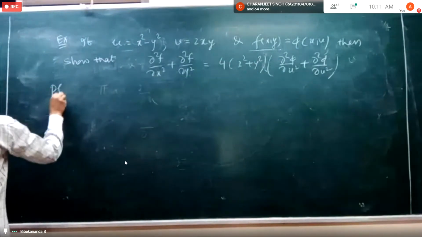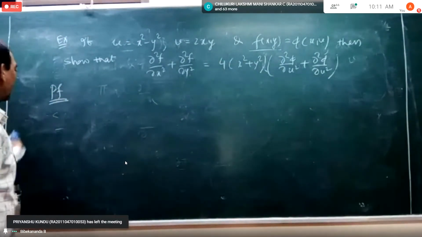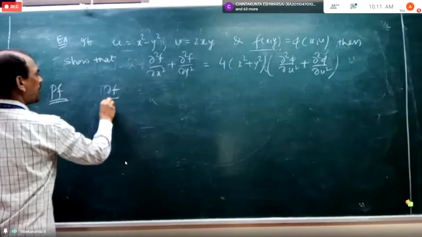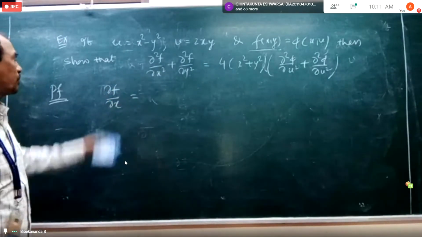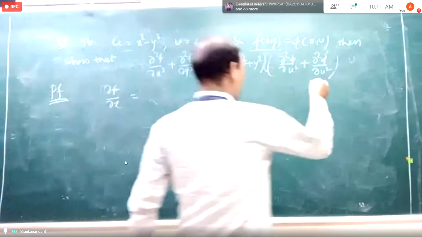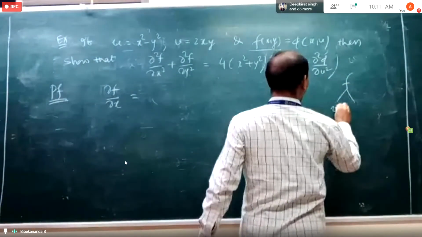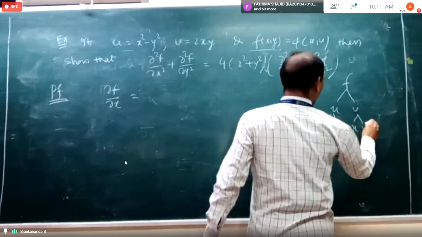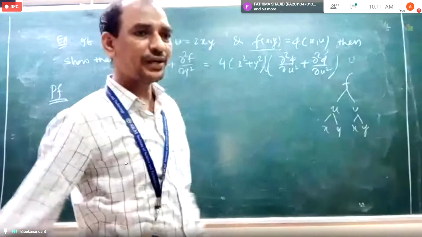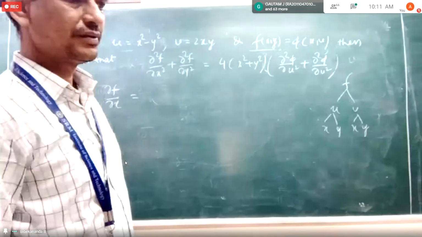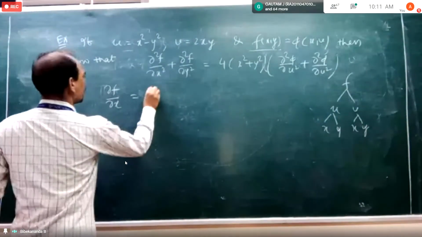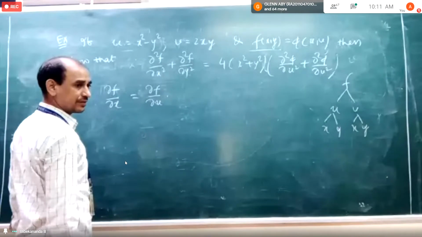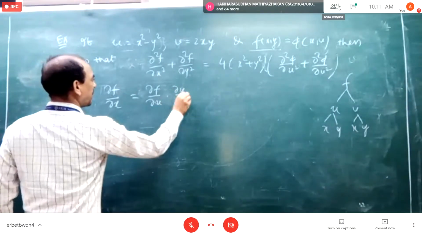Now can you tell me what will be dou f by dou x through uv? Because you know f is a function of u and v, and u and v are functions of x and y. Now can you tell me what will be dou f by dou x? Sir, dou f by dou u into dou u by dou x.